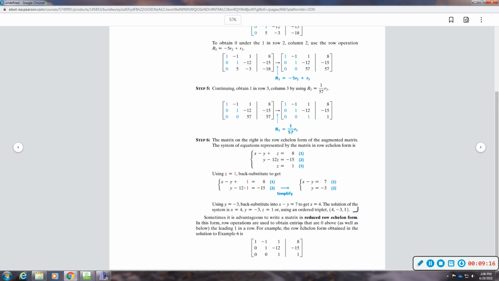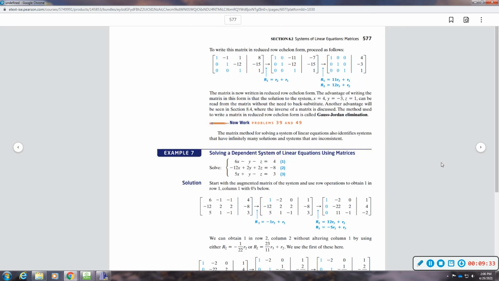Now that we have z and y, we will plug both of those in up here. 1 and negative 3 will become a 4. And if you were to subtract 4, you would get that x equals 4. And so that's how you get the ordered pairs here. But we will show you that in writing.